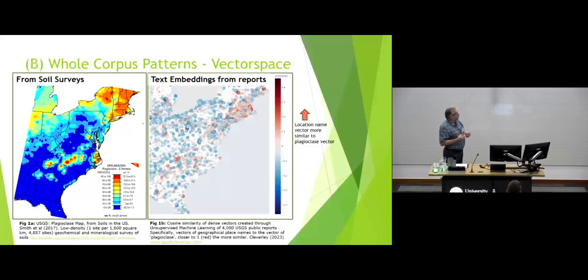So where they're similar, you'll see that they'll be closer to red, and where they're dissimilar, they're in blue. Unfortunately these are two different map projections, so I tried to align them. But what you could do is actually compare them and end up with a sort of contradiction or uncertainty map where the word vectors don't match with the soil measurements.